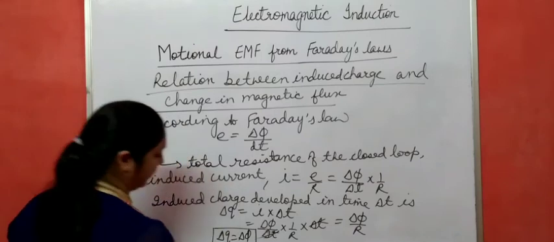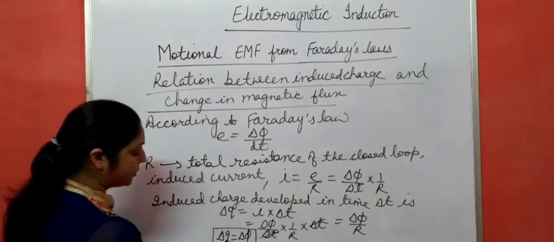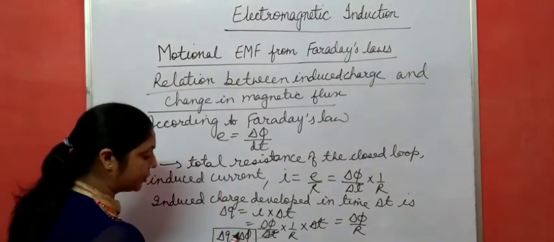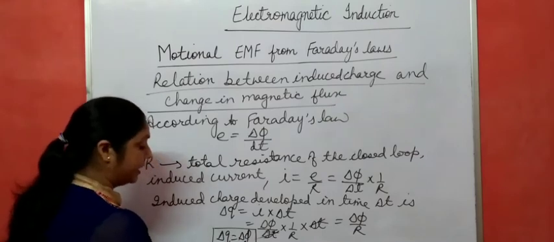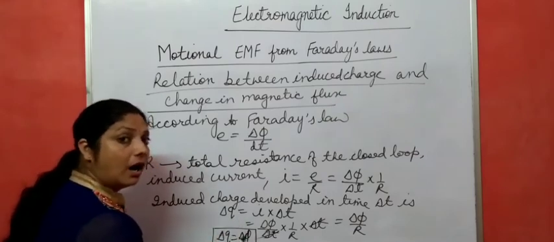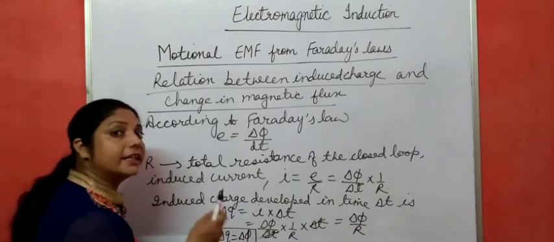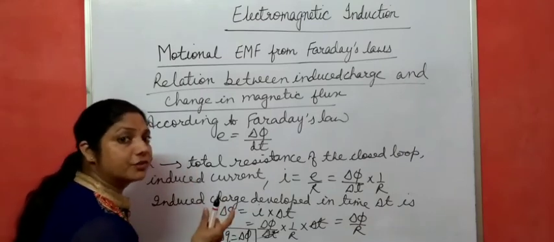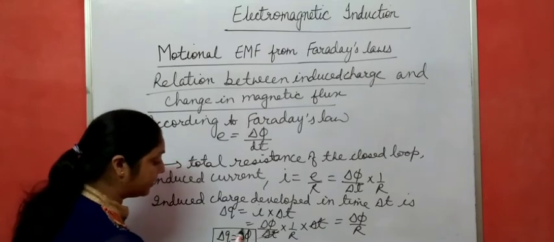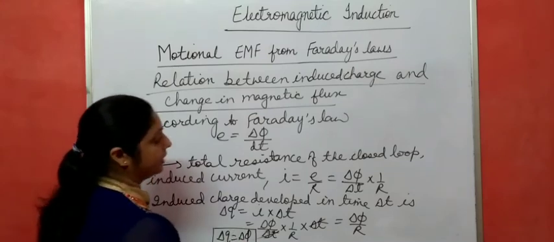What does it mean? It means induced charge depends on the change of magnetic flux. It does not depend on how much time the change in magnetic flux takes. It is independent of the rate of change of magnetic flux; it only depends on the change of magnetic flux.